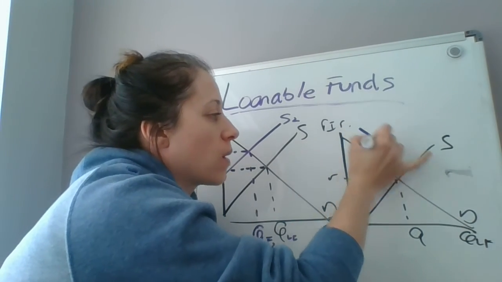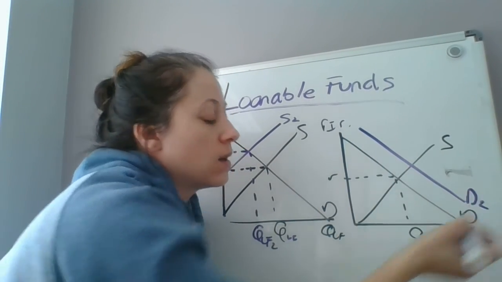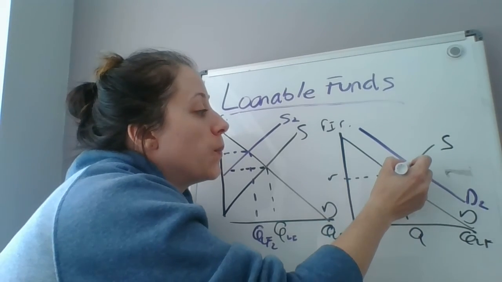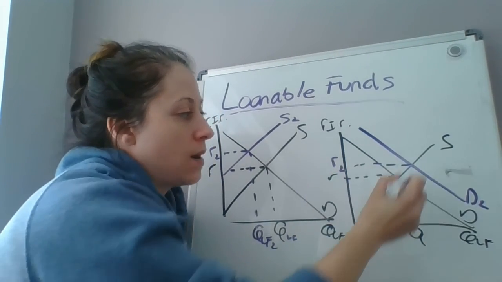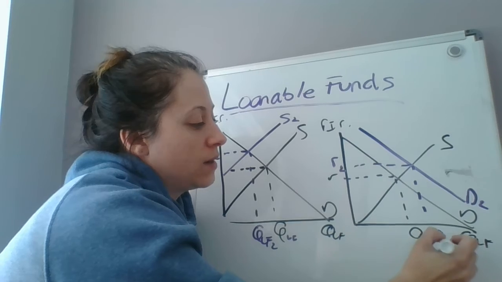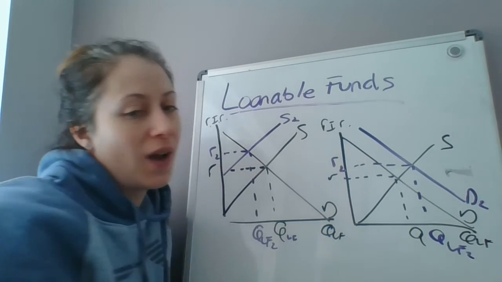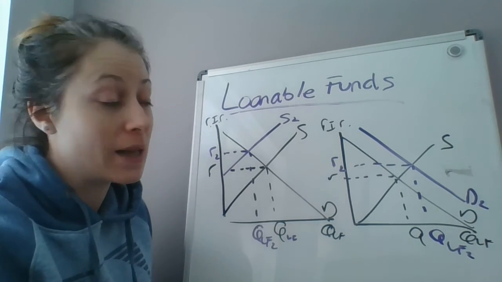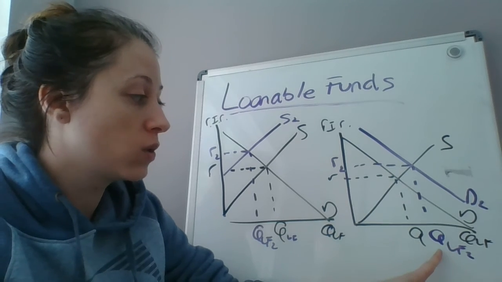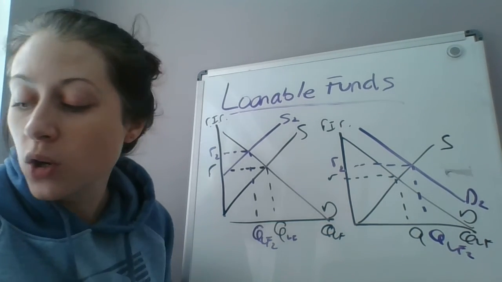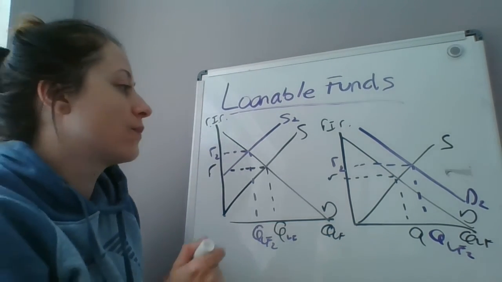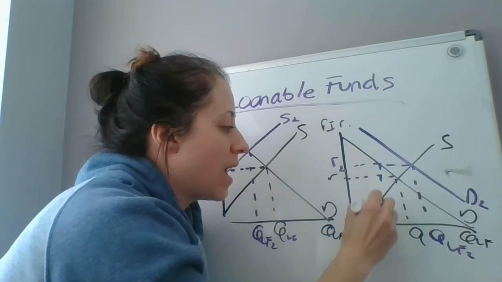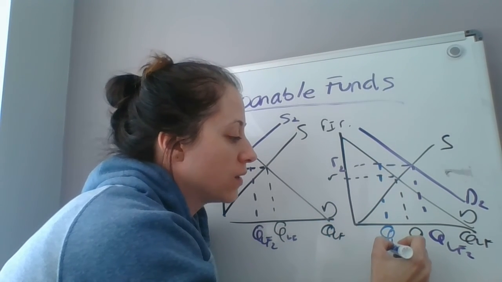Because if the government's borrowing money, it means they're actually increasing the demand for money. Still raises your real interest rate, but look what it shows happening to the quantity of loanable funds, which is not accurate. I mean, yes, more is being taken out, but a good chunk of that is what the government took out and not what's available for everybody else.